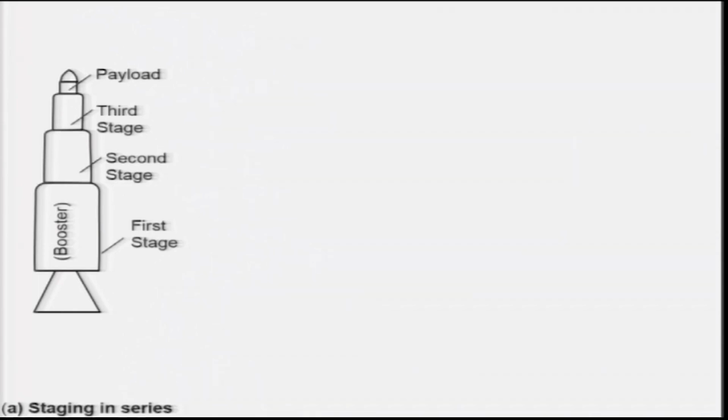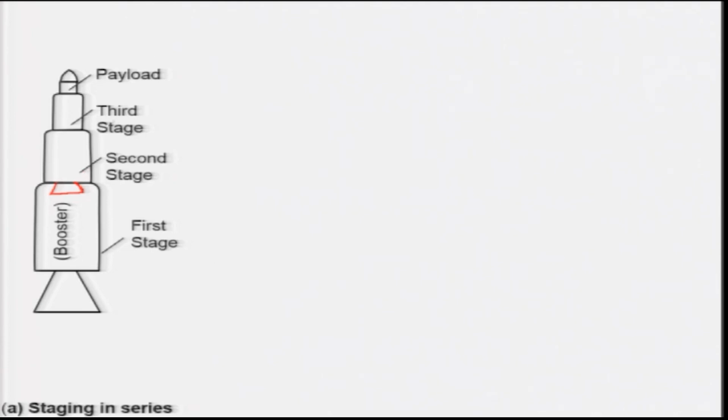As I told earlier, this is a 3-stage rocket engine, having the first stage and so on. Keep in mind that once all the propellant of the first engine is consumed, the structural mass of the first stage is discarded, and then the second stage is ignited so that it can take the flight further.